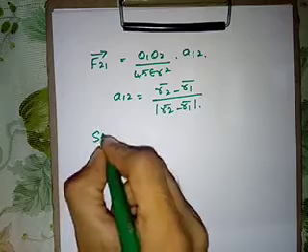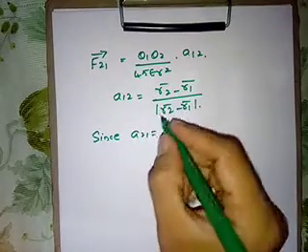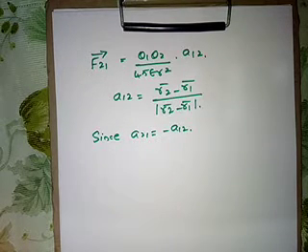Since we have the A21 vector, that is the unit vector, is minus of the A12 vector. If we consider A21 and A12 in Coulomb's law, A21 will be minus of A12, right? One is R1 minus R2 divided by the magnitude of R1 minus R2, and the other is R2 minus R1 divided by the magnitude of R2 minus R1.